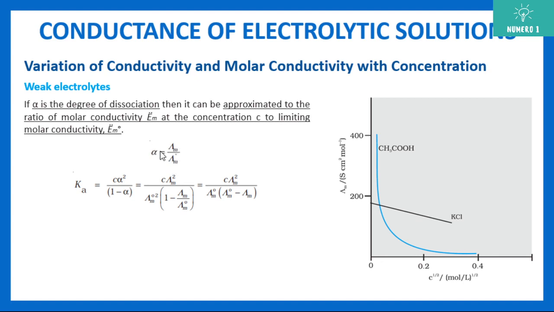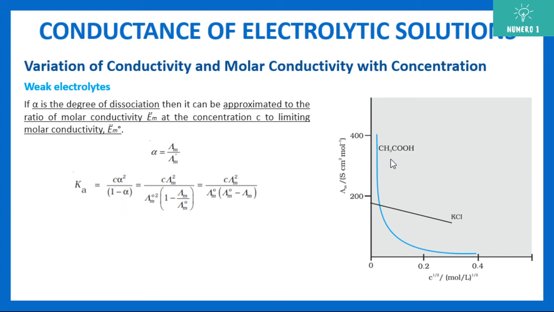This is the degree of dissociation alpha. Now if we talk about the dissociation constant of an acid, because CH3COOH is an acid, we can calculate the value of Ka. It comes out to be C alpha square upon 1 minus alpha. It's very easy. You can always do this from the 11th standard.